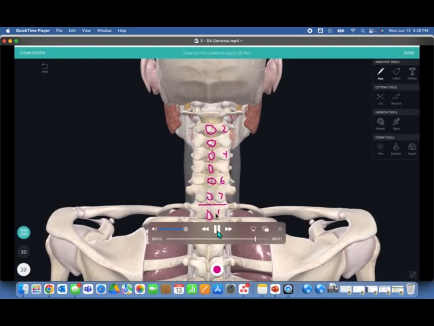As you've identified T1, you can move out laterally and palpate the transverse process of T1. If you move a little bit further laterally, then you feel the drop-off. That drop-off indicates the transition from the vertebra itself into the first rib.